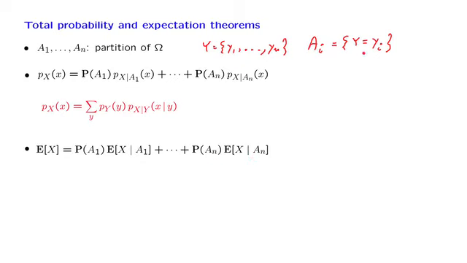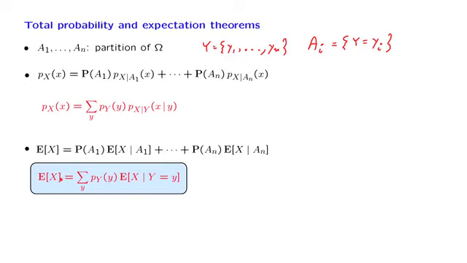Again, let the event that y takes on a specific value be a different scenario, and with this correspondence, we obtain the following version of the total expectation theorem. We have a sum of different terms, and each term in the sum is the probability of a given scenario times the expected value of x under this particular scenario.